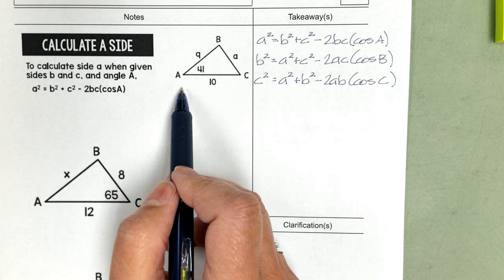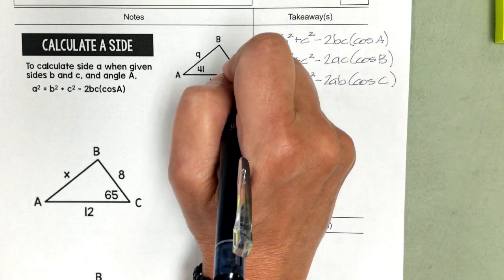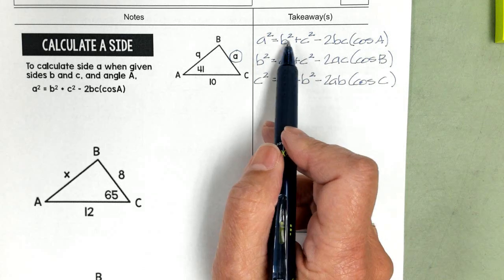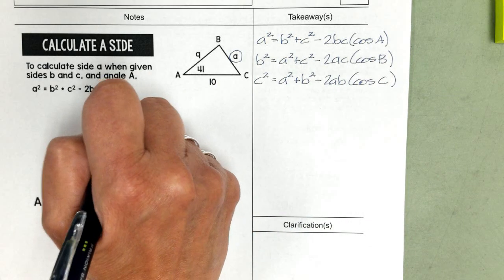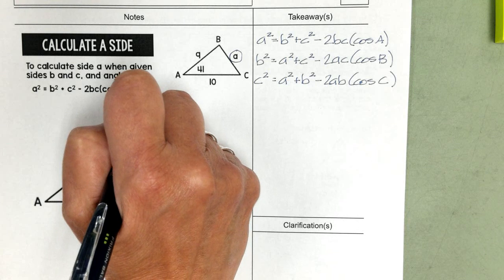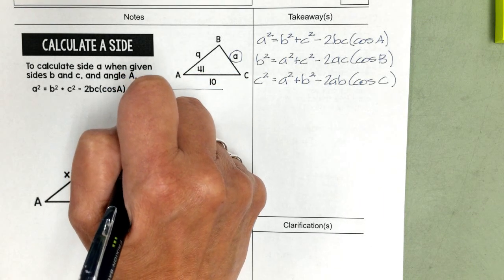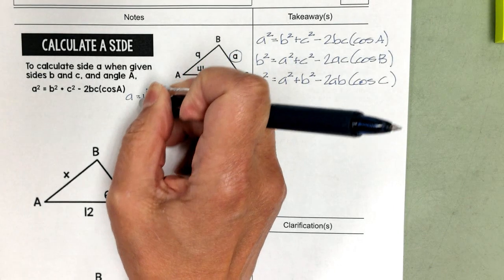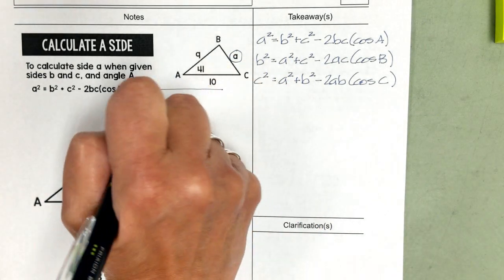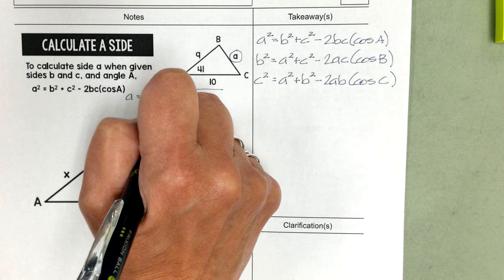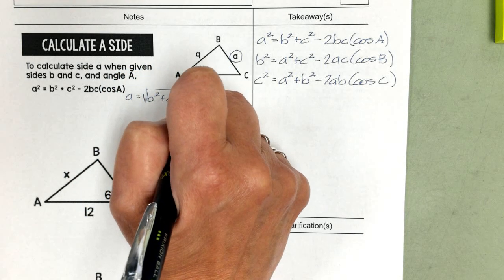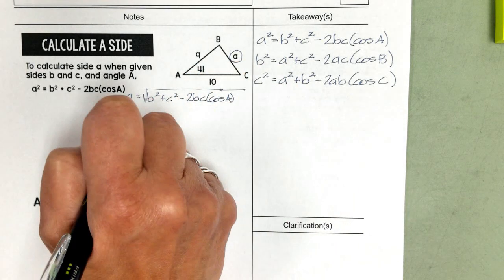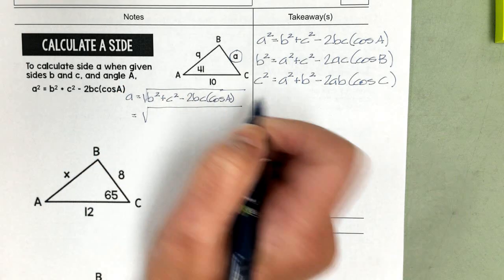So in this problem here, we want to find the length of side A. So I'm just going to take the square root of this entire thing. That means A is going to equal the square root of B squared plus C squared minus 2BC times the cosine of A. Plug in those values.